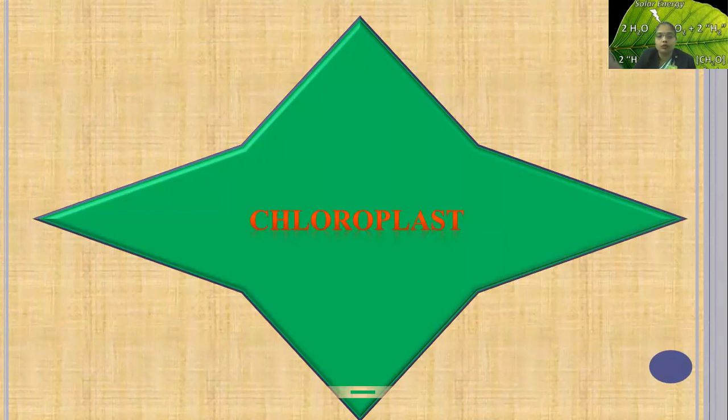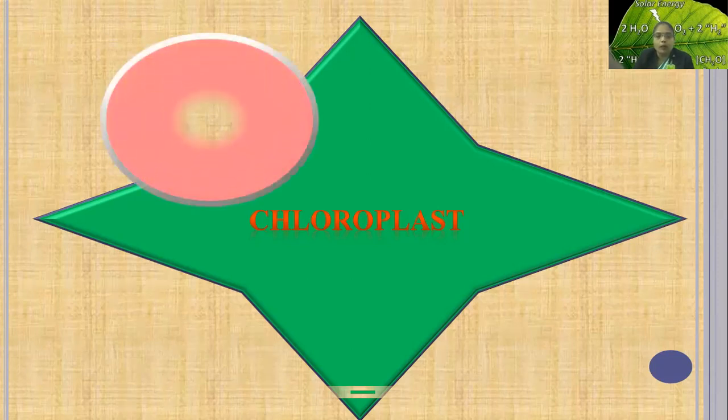Because the function of the chloroplast is food formation. Hence it is known as the kitchen of the cell. Chloroplasts are present in green plants, in mesophyll cells along their walls, and chloroplast is the site of photosynthesis.